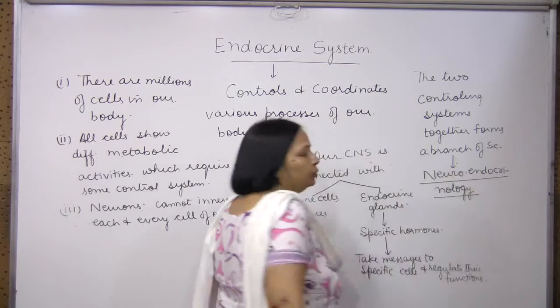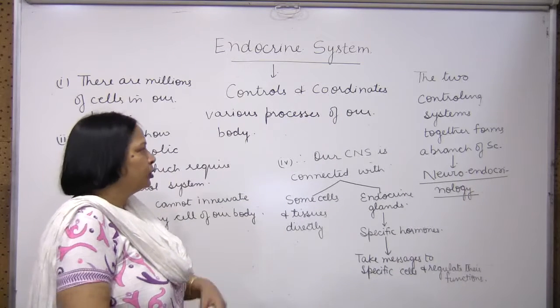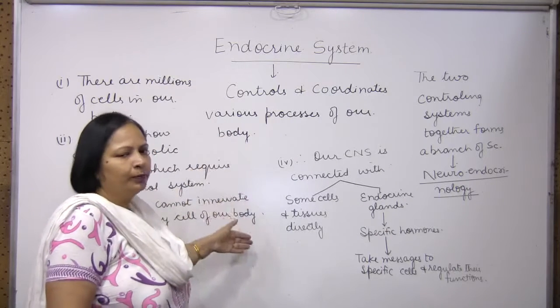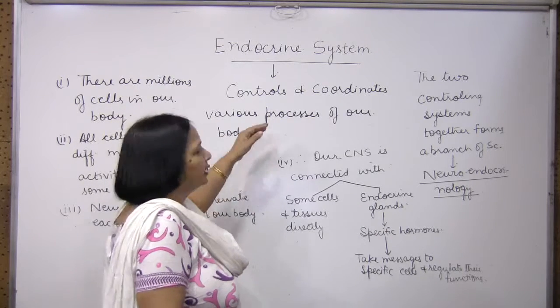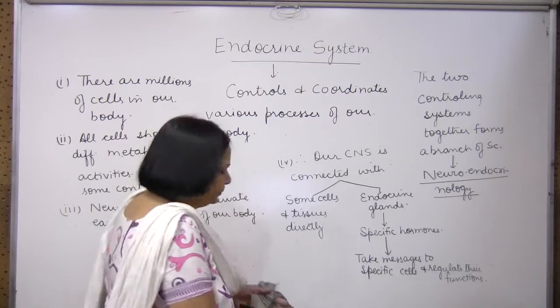Repeat: neuroendocrinology. Is it okay? The neural system you have studied in the last chapter. In this chapter we will restrict ourselves to the endocrine system.